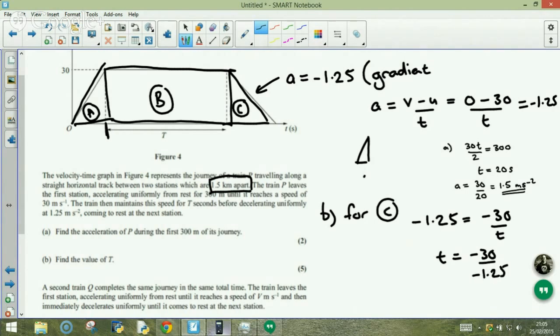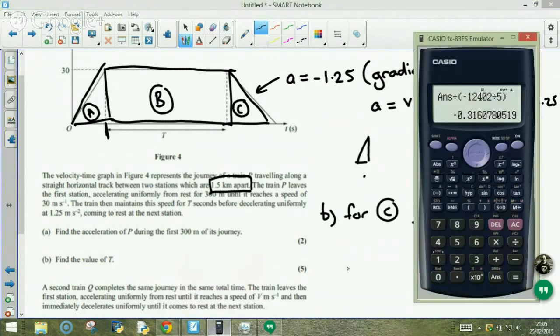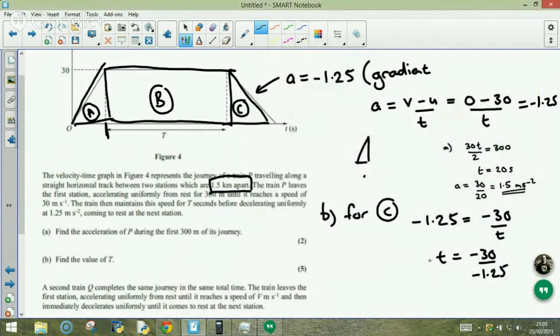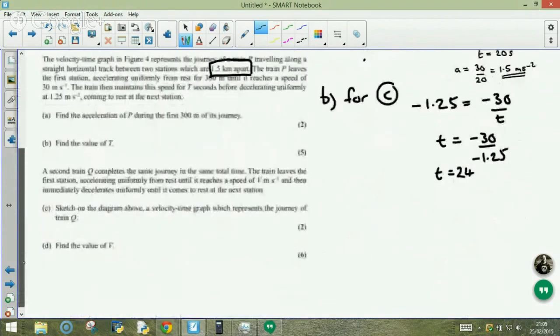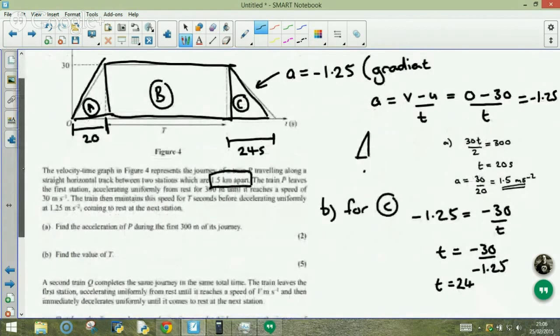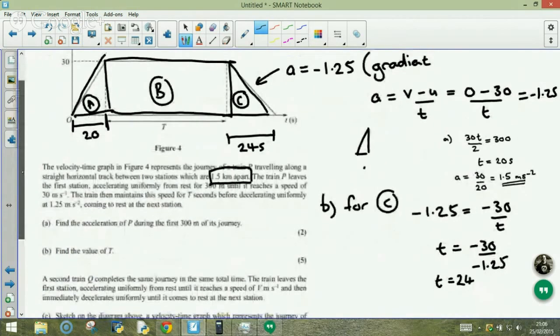So if I rearrange that and just quickly plug that in, it tells us it's going to be 24. So we've got 24 seconds. Earlier we found out that bit was 20. So we can now find the distance for C as well.